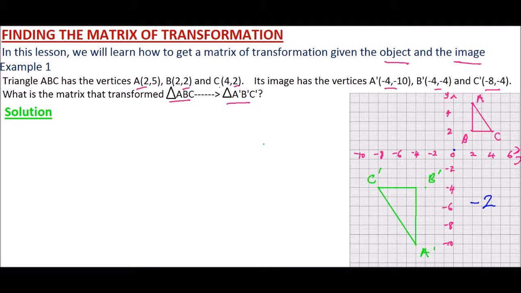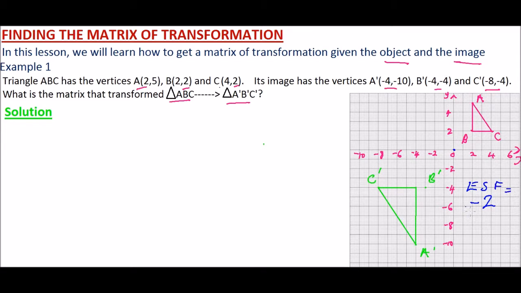If you draw lines from A to A prime, you find that from A to the center is half the length from the center to A prime, and the same case applies to B prime and B, and C prime. So that is how we determine the enlargement scale factor is equal to minus 2.